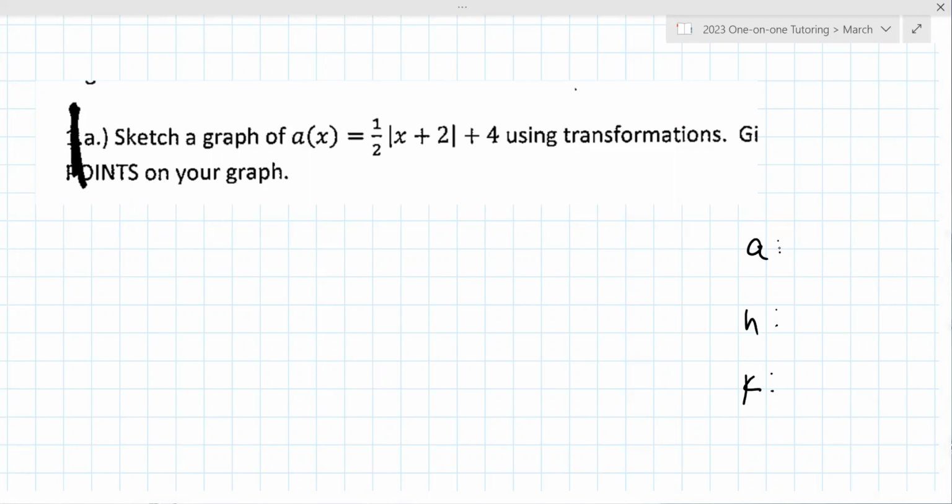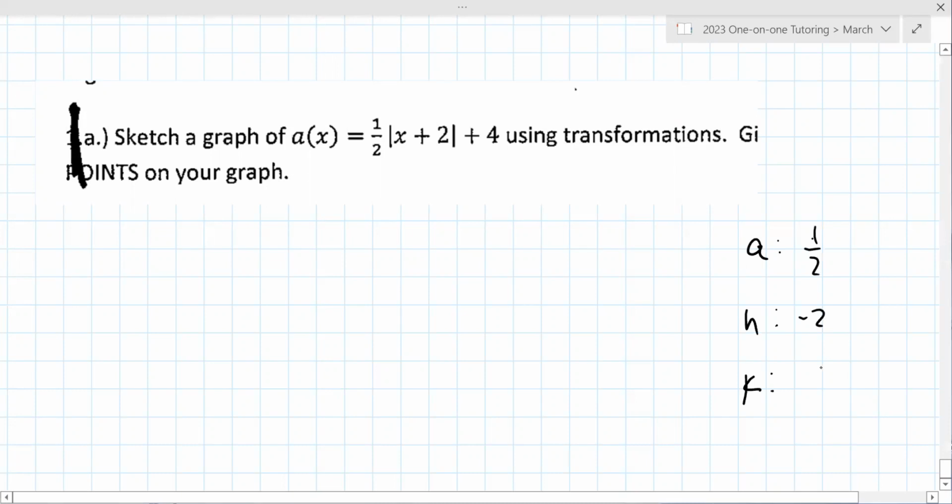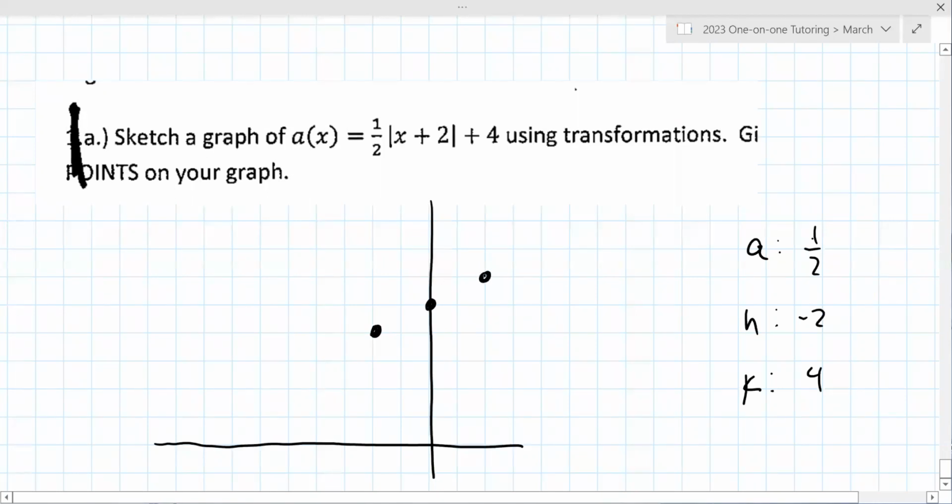One and a half, -2, 4. Very good. So you start at the -2, 4 point. Okay, now tell me what to do from there. Go up 1 and to the right 2. Okay, and then keep on doing that. Good. And then do the same thing. Yep. Awesome.